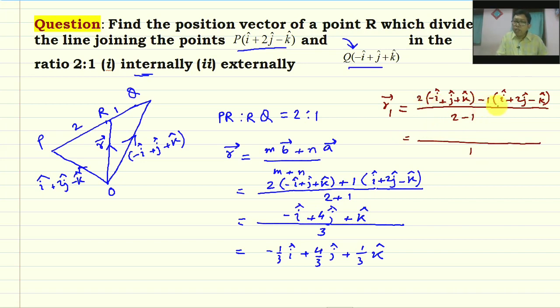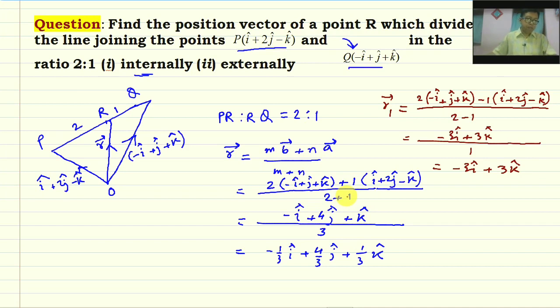So −2î − î, so −3î. Next, 2ĵ − 2ĵ is 0, plus 2k̂ + k̂, that is 3k̂. So you are getting the vector −3î + 3k̂. This is the external division of the point R on the line segment PQ.